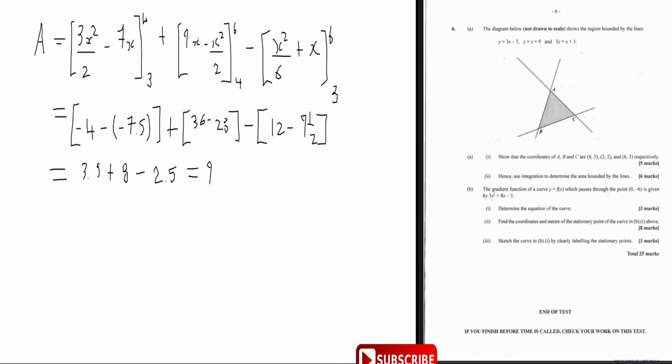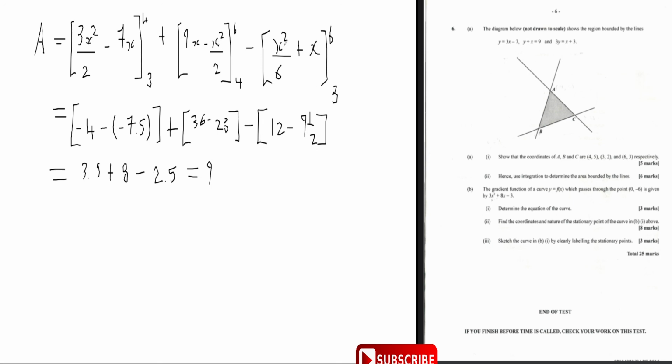That's 36. Put in 4. 9 times 4 is 36. Put in 4 in here. 4 squared is 16. 16 over 2 is 8. So 28 is fine.